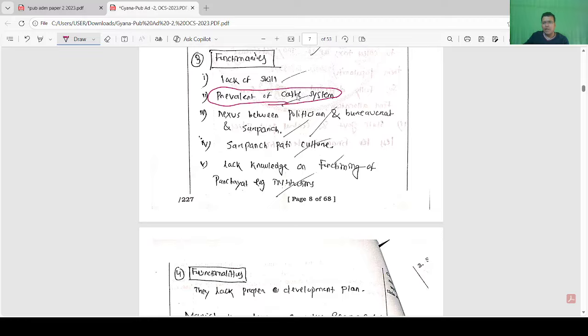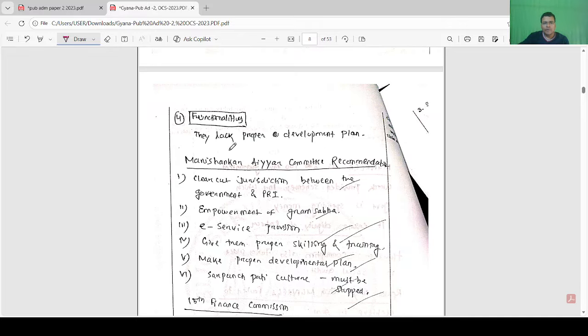Nowadays in urban local government, the caste system does not have such a role. Nexus between sarpanch culture, lack of knowledge, okay.